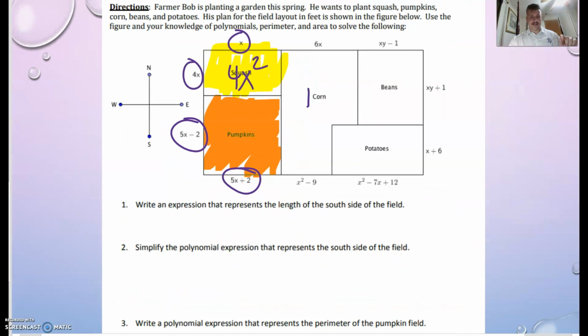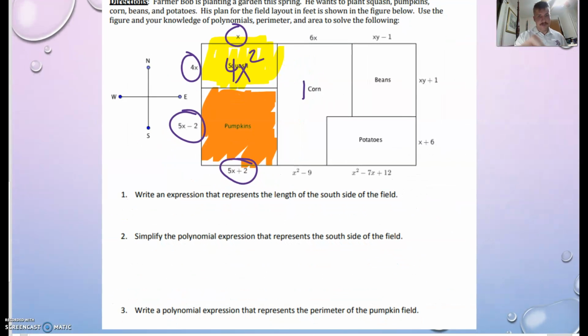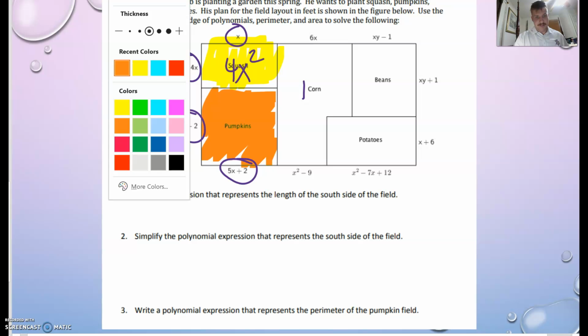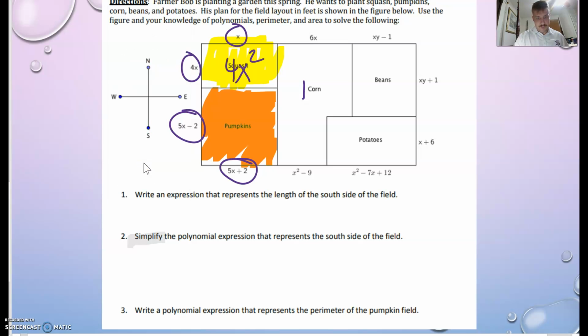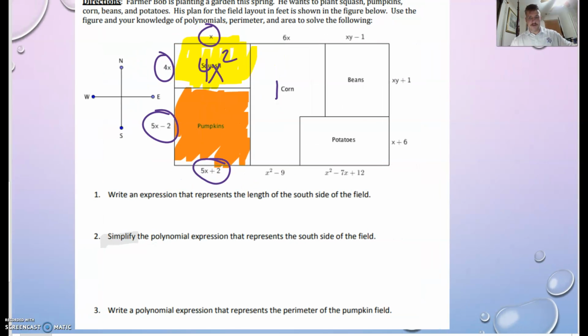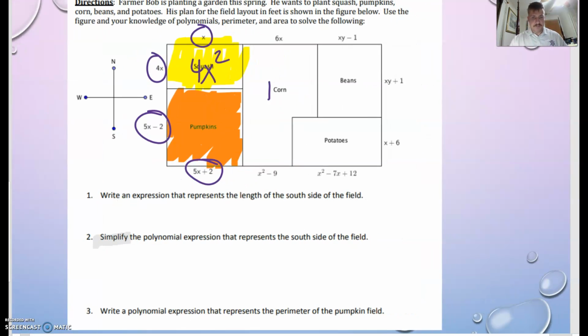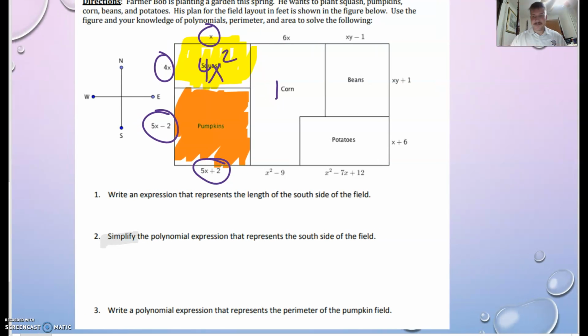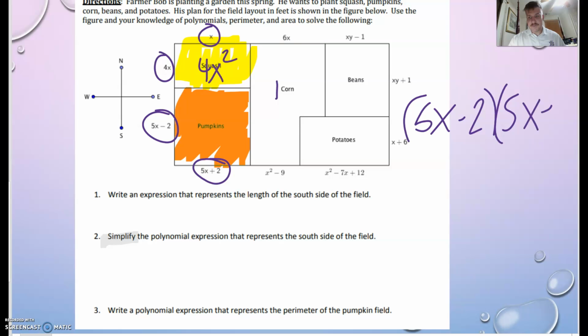Okay, and I'm going to do that kind of, let me see if I can get something blocked out. Alright, so 5x minus 2 times 5x plus 2. So let's do that. Let me see if I can make some space. I'll do that over here. So 5x minus 2 times 5x plus 2.